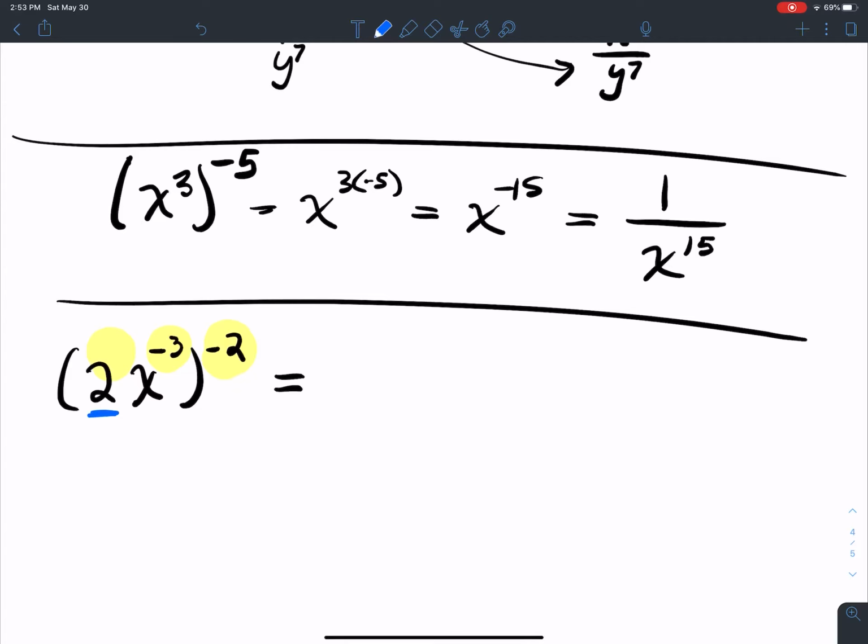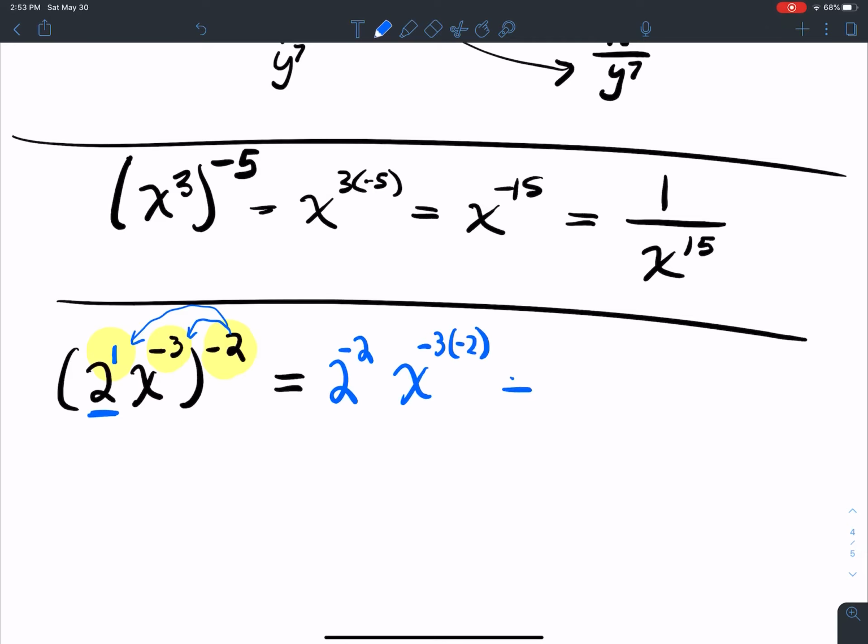When I look at this, I only see 1 two, so it's an understood 1 for my exponent. So when I multiply, what do I get? I get 2 raised to the negative 2 multiplied by x raised to the negative 2 times negative 3.